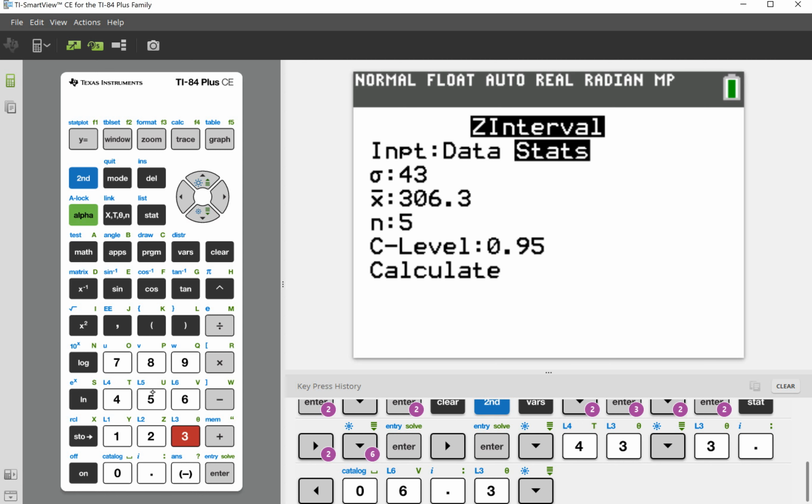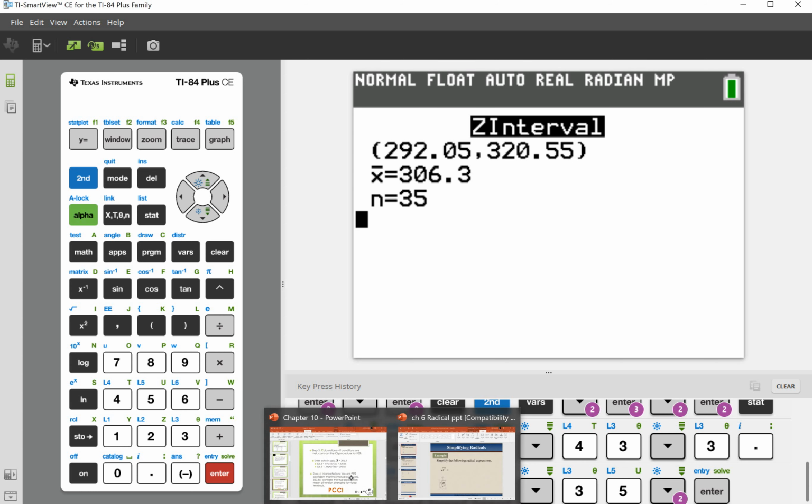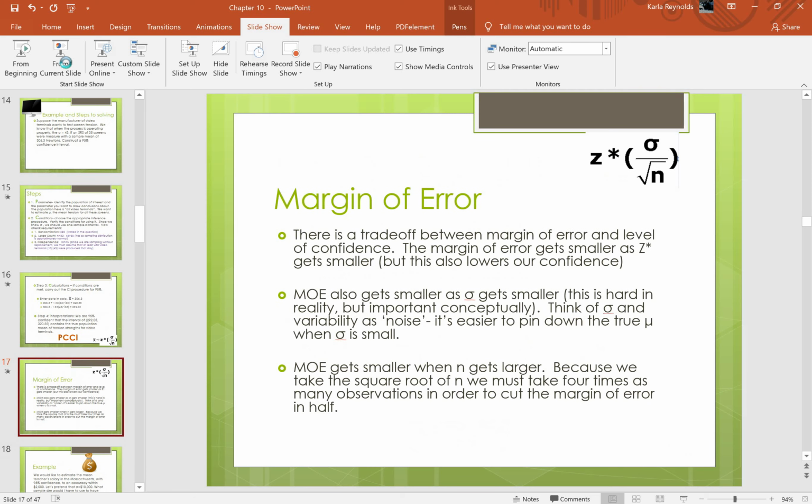And our sample size is 35. Our confidence level is 95%. And you press enter and it gives you your 2 endpoints. It does all the work for you, so you know you didn't type in anything wrong with your order of operations trying to do it out yourself. You can write this out, but then just put it into your calculator in the Z interval and it'll do all the work for you.